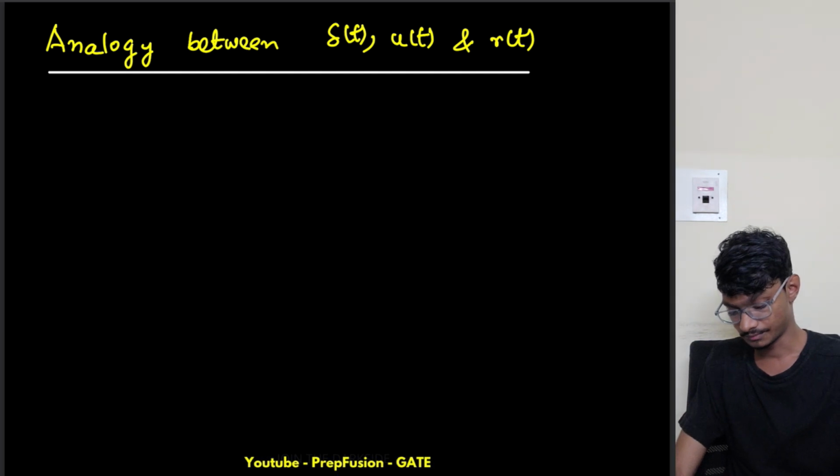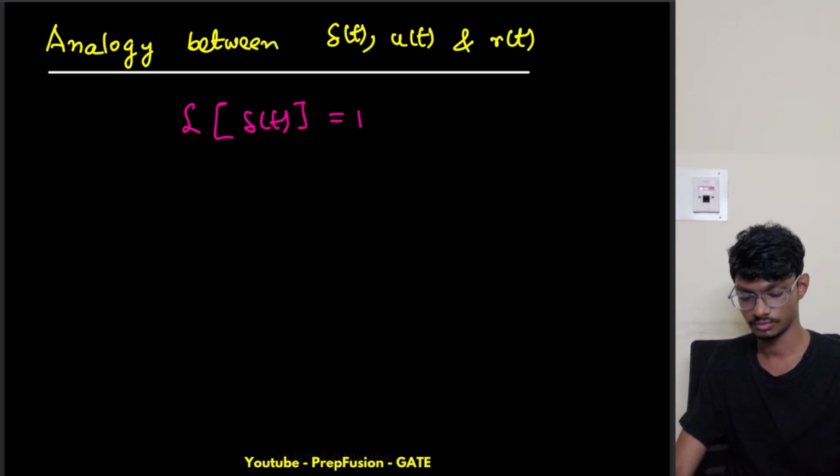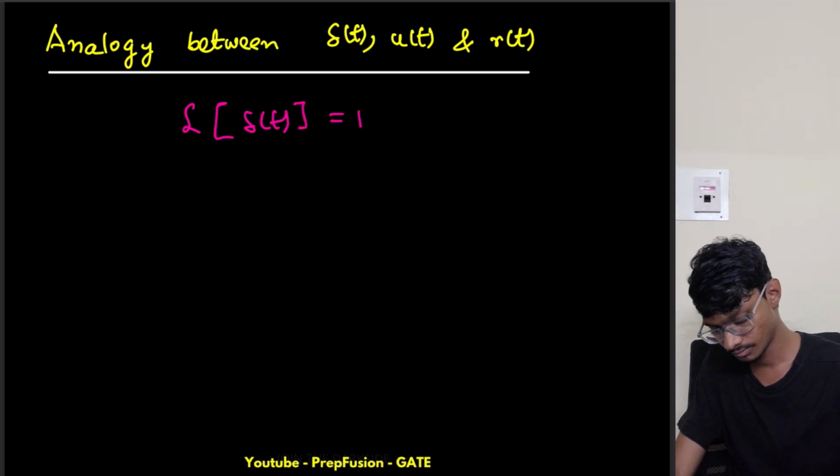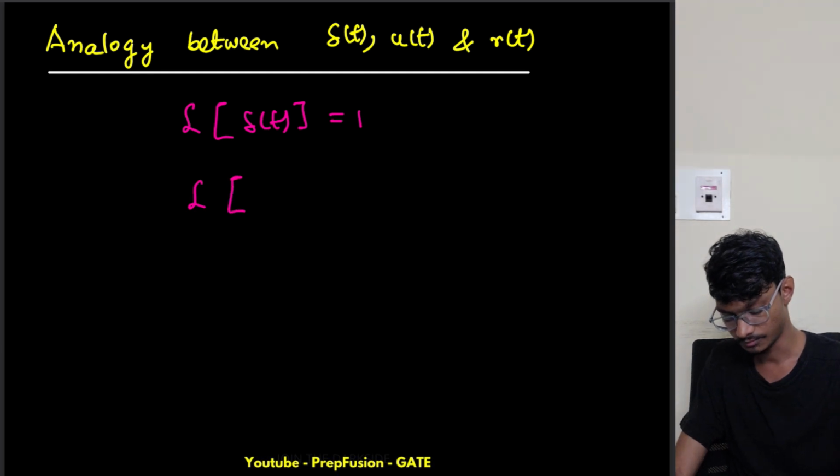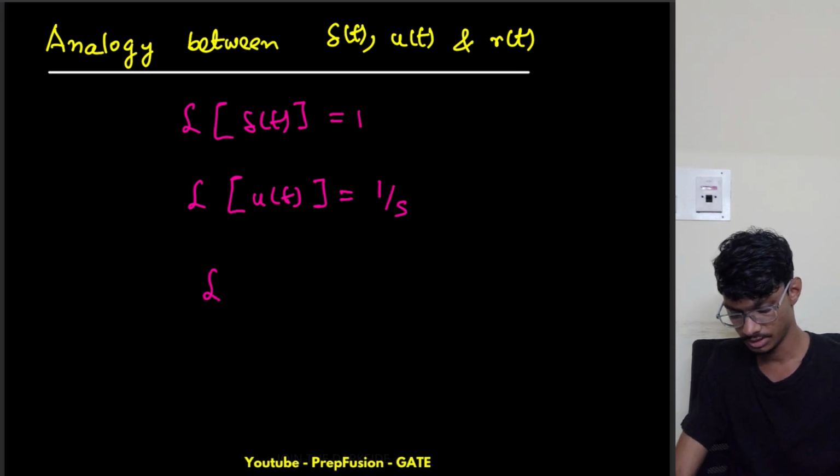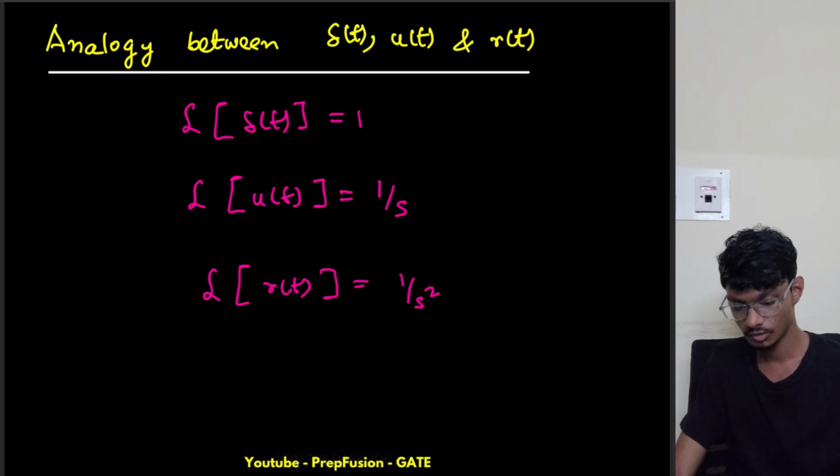What is the Laplace transform of delta of t? It is equal to 1 only. What is the Laplace transform of u of t? It is 1 by s only. And the Laplace transform of r of t is 1 by s square.